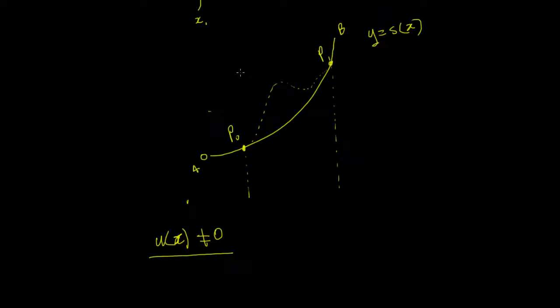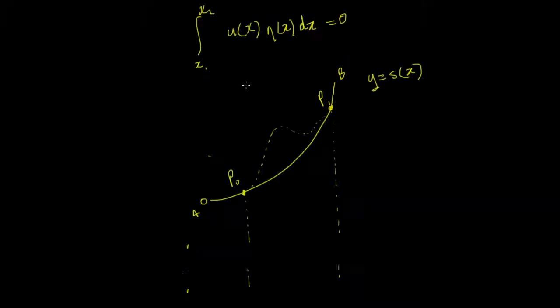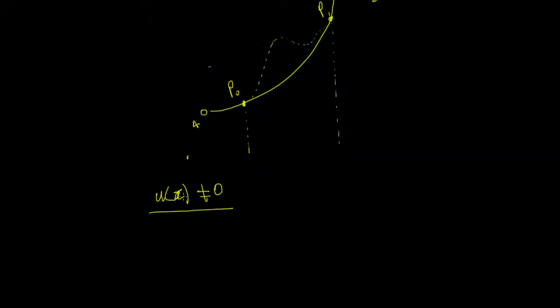Remember, u of x is the variation on this curve. Okay, so that's a variation on the curve. Now we're saying that u of x doesn't equal 0, so there's two options. u of x can be greater than 0 or u of x can be less than 0.